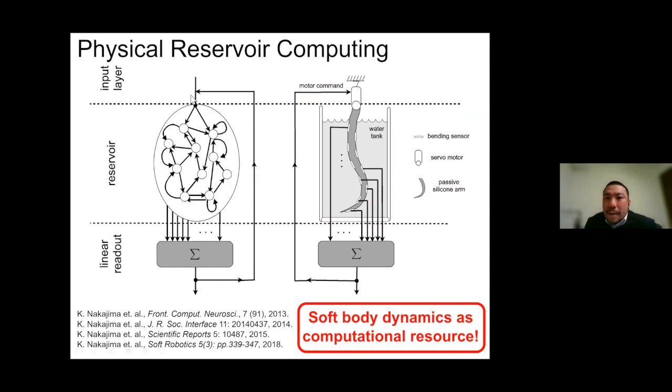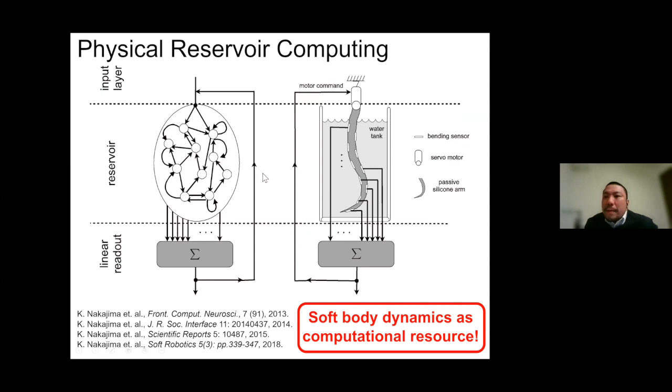So this left-hand side is the conventional reservoir computing. As I explained, if we have sufficient nonlinearity and memory in the reservoir part, we can only adjust this readout part, and we can use this intrinsic dynamics for our computational purpose.